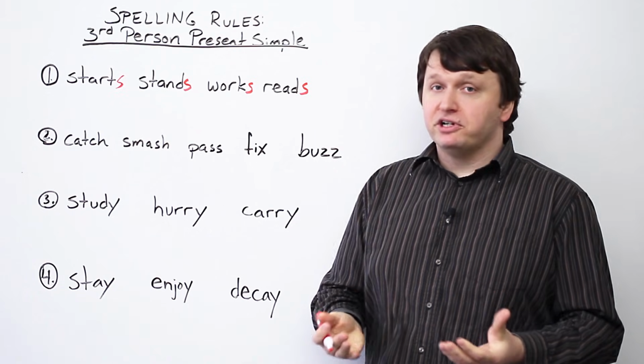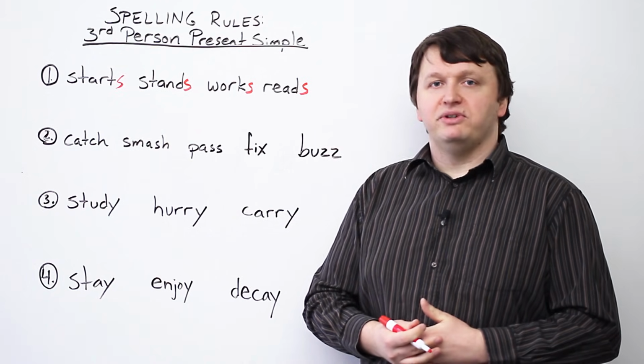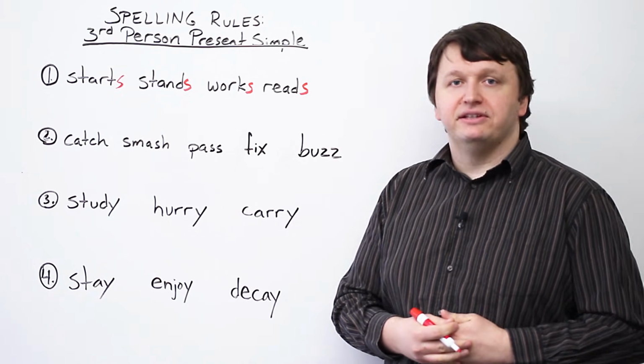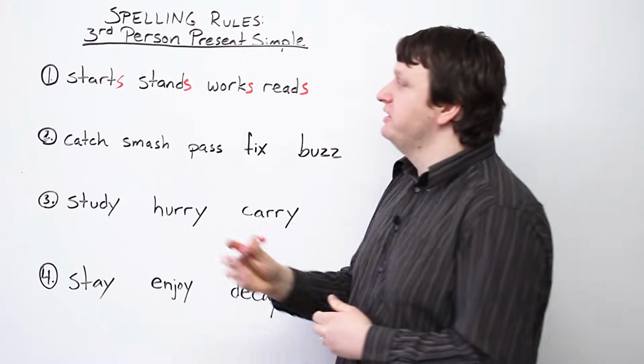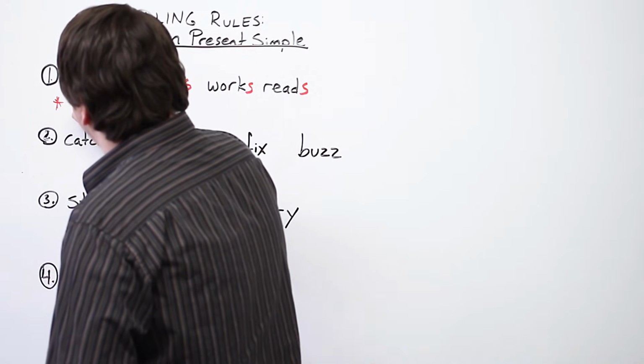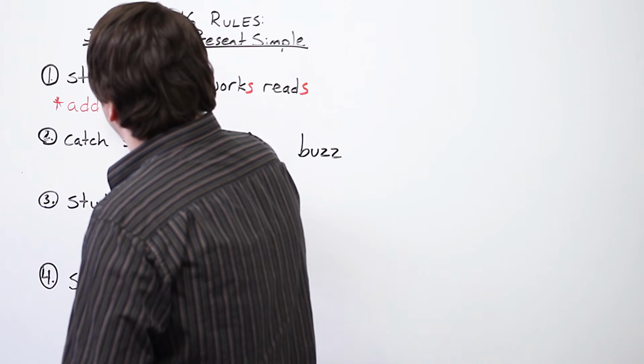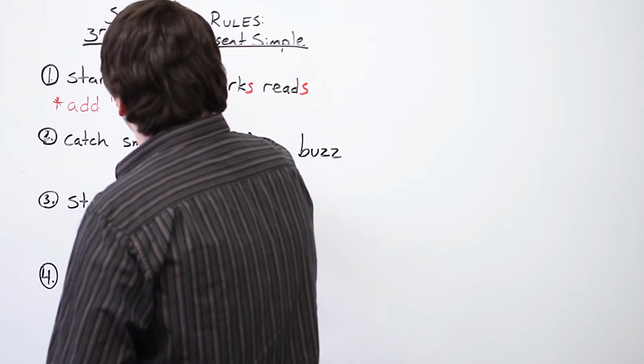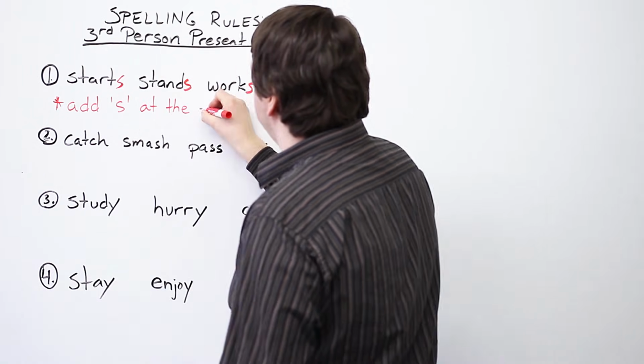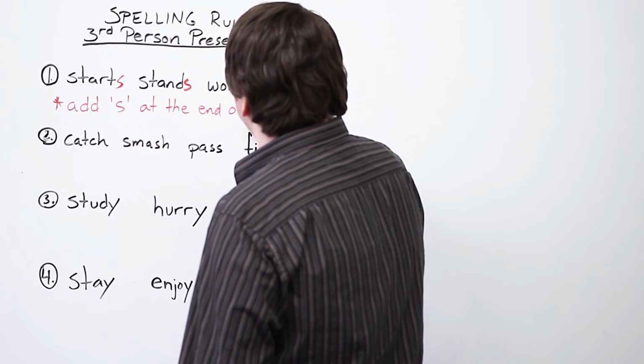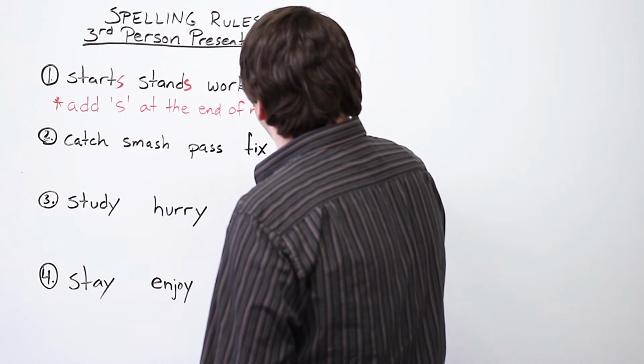So for most verbs in the English language, we just add S to the end of the base form of the verb. So I'm just going to write that here. Add S at the end of most verbs.